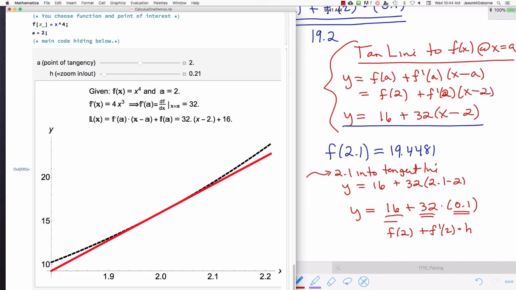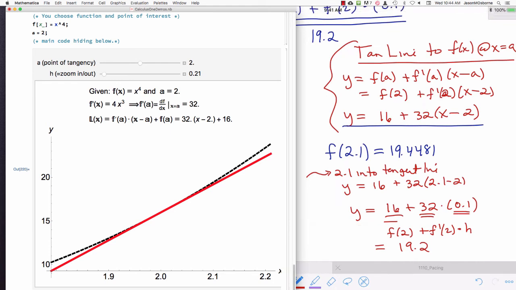And here was the approximation. You got 19.2 at that point. 19.2 is what you get if you put 2.1 into the tangent line formula. Read it up until you hit the red line and then go across, and you will get 19.2.